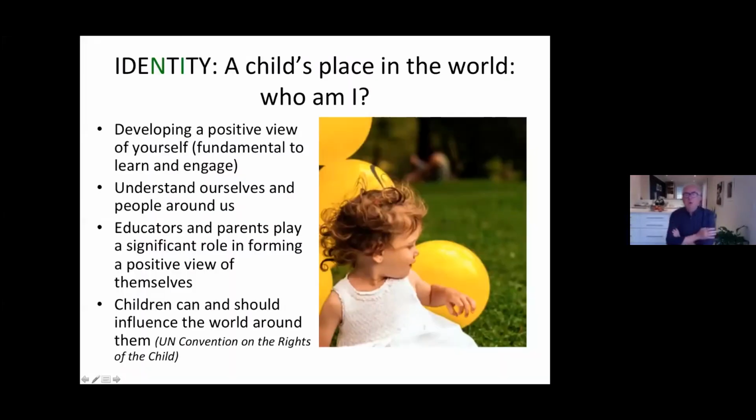Okay, so what do we mean by identity? What does it mean for your child, and what does it mean for their place in the world? In other words, what we're suggesting, and this is from the UN Convention on the Rights of the Child, is that children need to have a positive self-view of themselves.